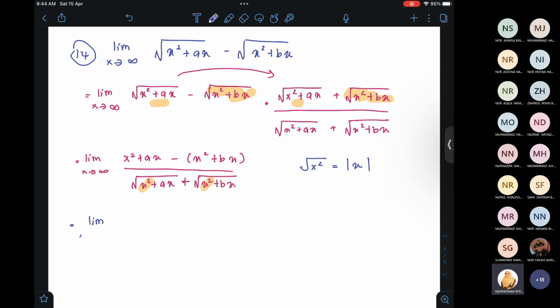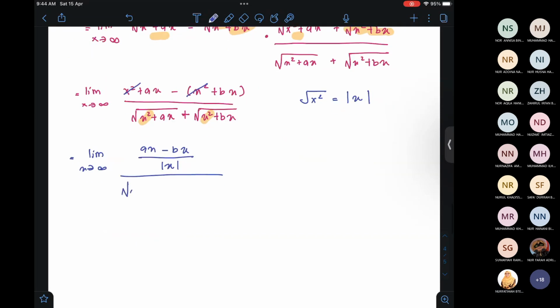Limit x tends to infinity. The x squared we can cancel because x squared minus x squared, so we only have ax minus bx divided by modulus x. For the bottom part, we get the square root of x squared plus ax plus the square root of x squared plus bx, over modulus x.